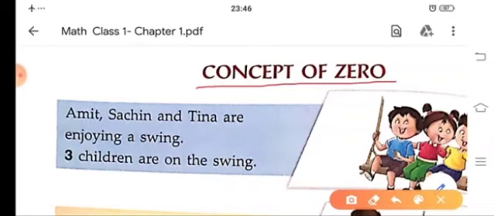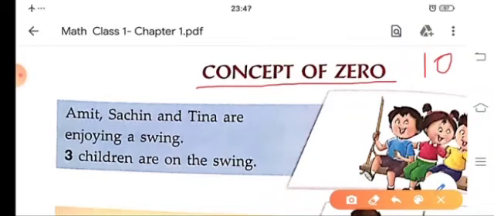Concept of zero means till now we have learned about the numbers starting from 1 to 9. Then after 9, 10 is there. So how will 10 be written? 1 and 0. Children, 0 means nothing.